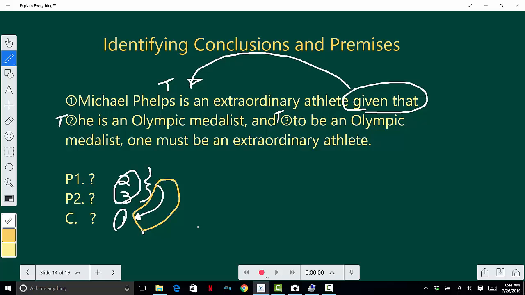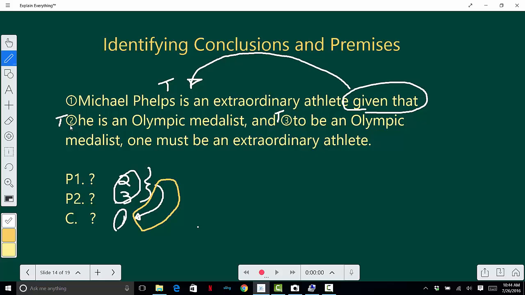If you said that you think it is a good argument, good for you. Notice the information contained in our premises, let's start with 3 actually. It says to be an Olympic medalist, one must be an extraordinary athlete. So if we were to accept this to be true, independent of whether it is true or not, basically what it's saying is if somebody is an Olympic medalist, then they're an extraordinary athlete.